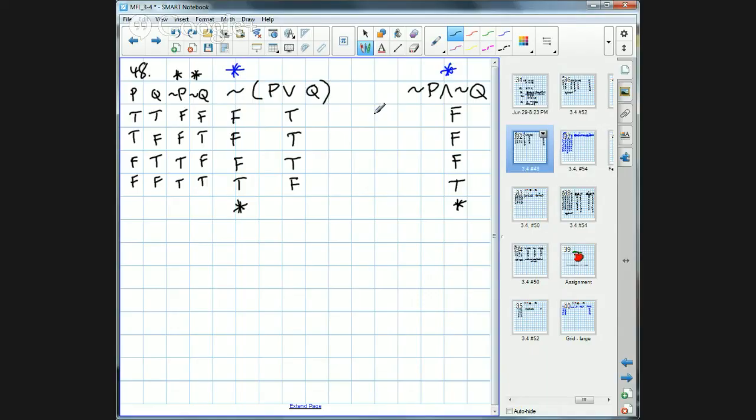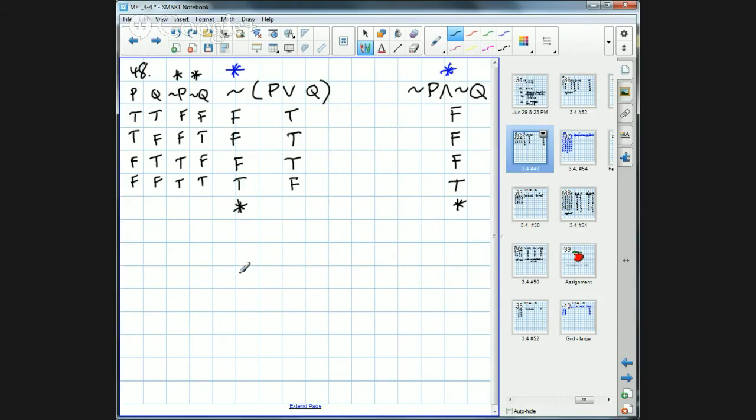So they should be equivalent. Anyway, I did a truth table to show that. So the first statement, after I did everything and negated it, do you see I got FFFT right here? And then when I did the second statement, what did I get? FFFT. So what does that tell you about the two statements? They're the same. Yeah. And what's the logic way to say that?